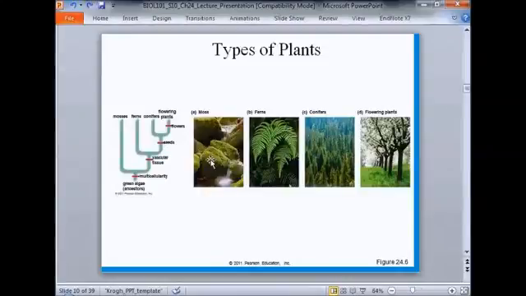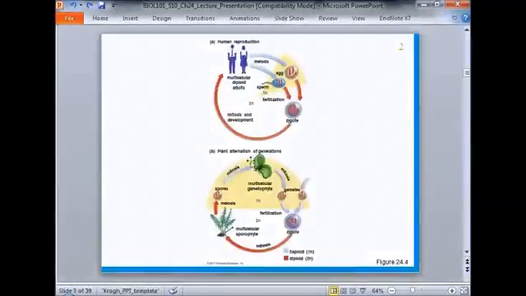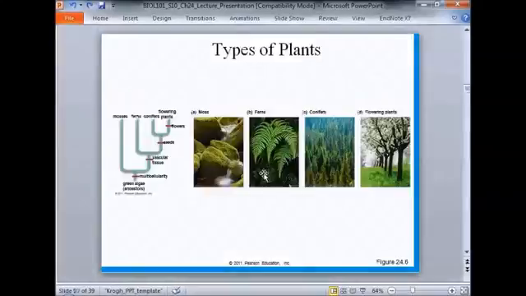Whole forests of them. And these guys still, if you think about it, still require water. Their reproduction, as you saw in this previous slide, requires these little guys that are close to the ground. And so ferns we still find in moist environments.